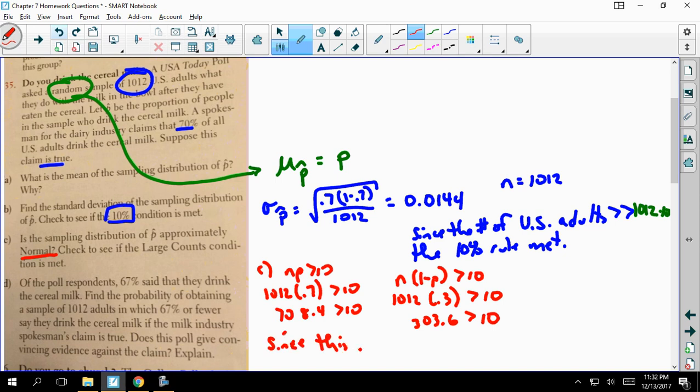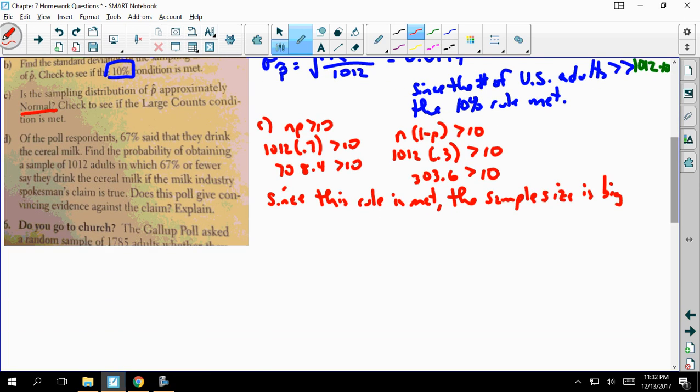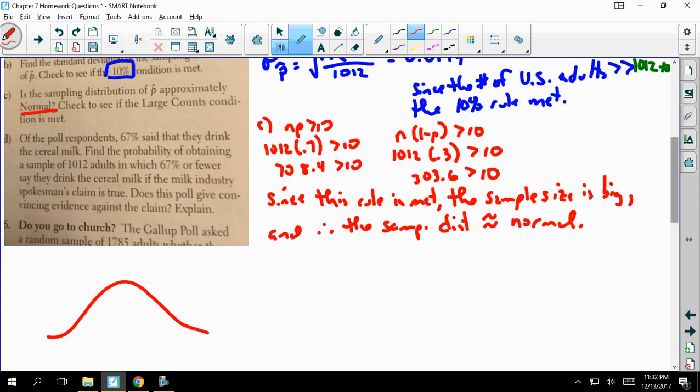Since this rule is met, the sample size is big, we have large counts, and therefore the sampling distribution is approximately normal.